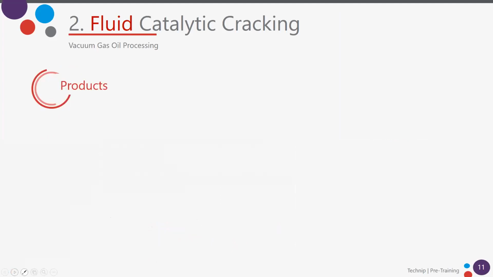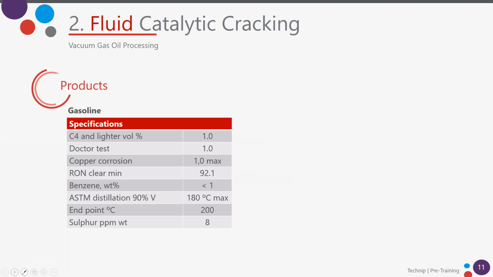So we have seen the feedstock and the products. Let's see a little bit more in detail some of the specifications of the products. So we will get a good gasoline with a high research octane number. We have a low sulfur content.